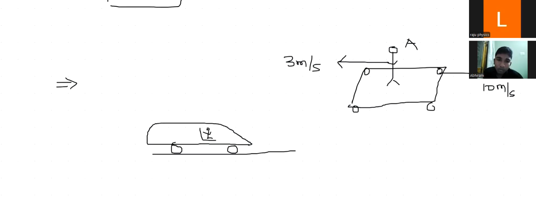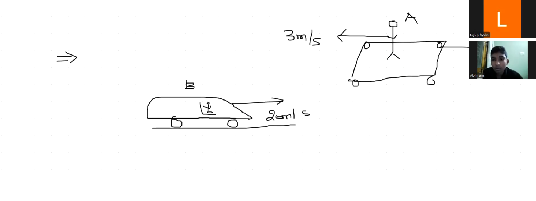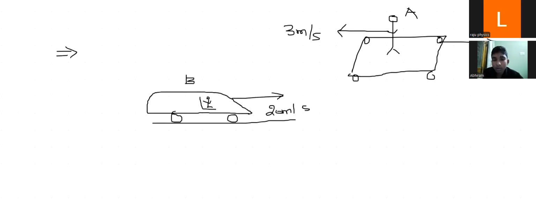This is the car. The car was moving with a speed of 20 meters per second. For example, the car's name was B. So what is the relative velocity of A with respect to B? Do this problem.